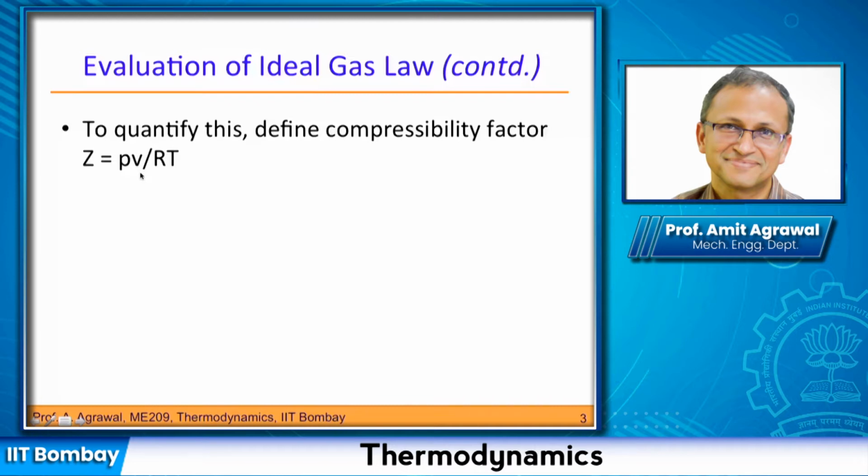You can see that we could have taken the left hand side minus the right hand side as a parameter. Here we have decided to take the left hand side divided by the right hand side. So ideally it should be 1. And now we are going to compute the actual value of this Z, and we are going to say whether Z is less than 1 or greater than 1.